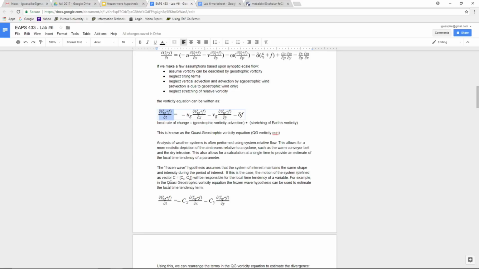And this frozen wave hypothesis is what people use to analyze weather systems and determine the wind flow relative to the weather system. So it's a different perspective. You're looking at the winds, how they would flow from the perspective of the weather system as it moves. So we call that system relative flow.